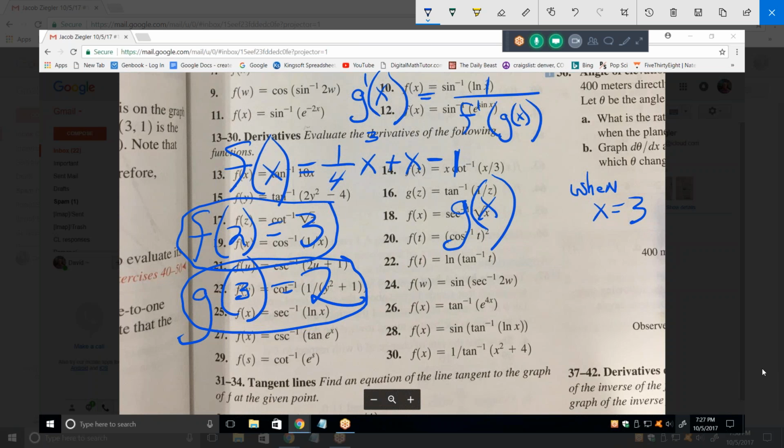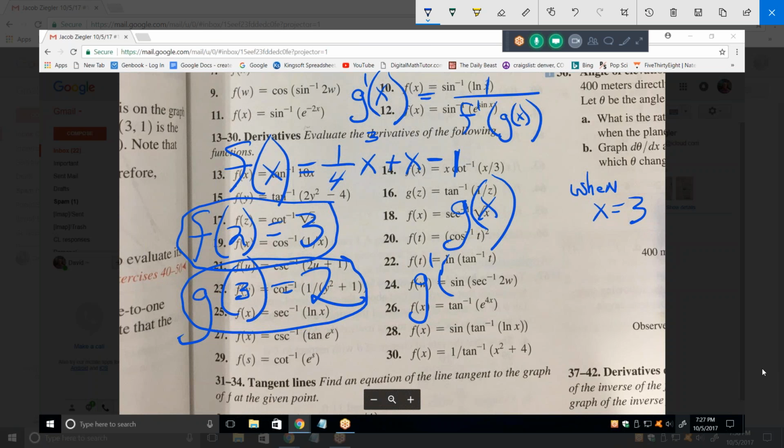Now we can solve what g prime of x is. Let's try it. G prime of x, actually, let's say g prime of 3, because that's what they want.